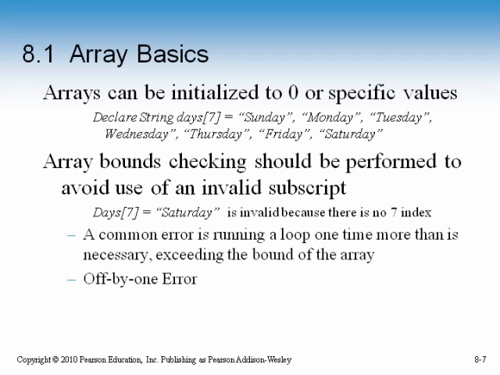Again, this is pseudocode. The exact way you do it in different programming languages is going to be different. So you should understand how this works and what's going on. There's a long string of boxes called days. There are 7 individual boxes within that. And this has Sunday in the first box, Monday in the next one, Tuesday in the next one, starting with 0 as the subscript.